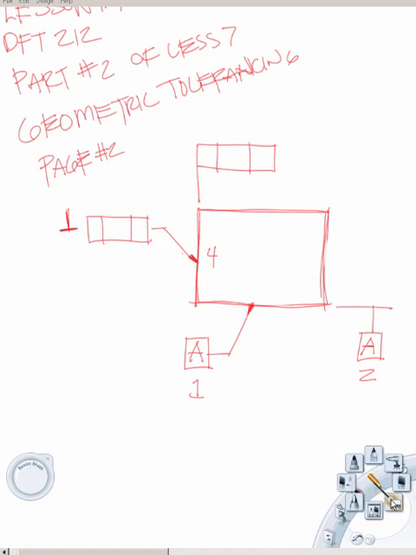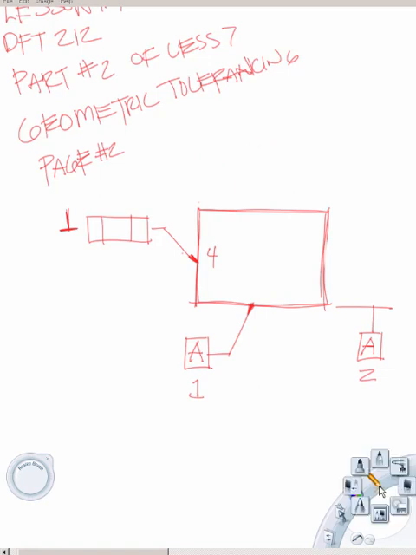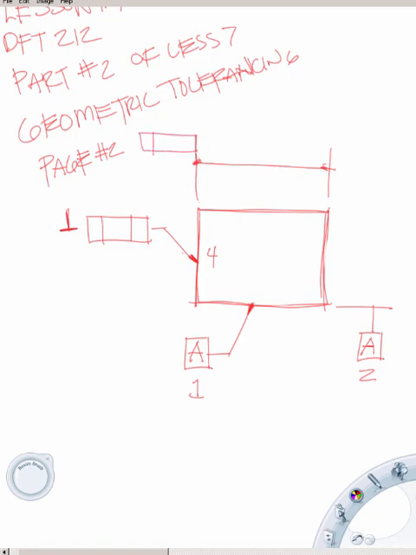I could also do it like this. Here's a dimension. I can also do it like that. Any one of those works. I personally like just adding them with a nice little leader like this one and being done with it.